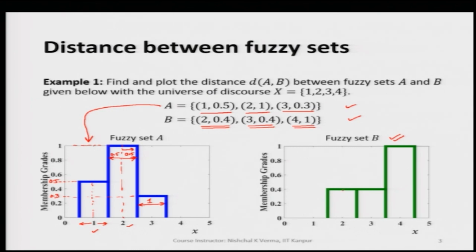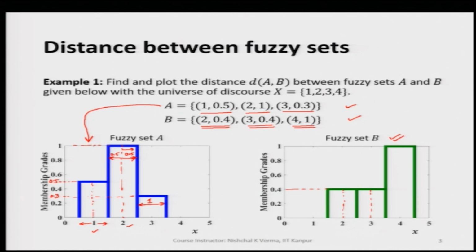Similarly, for the second element we have 3, and its corresponding membership value is 0.4, so both 2 and 3 are at the same level.